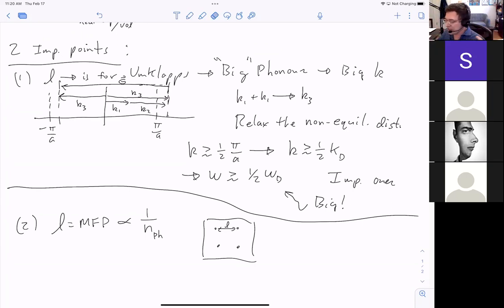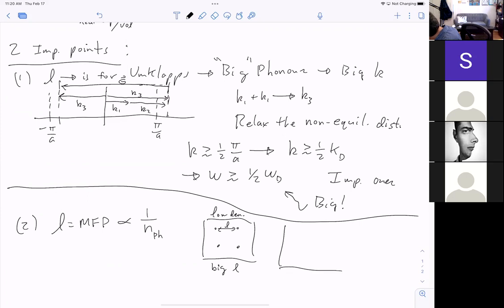So it's intuitive, I think, that if the phonons are further apart, then the distance they can travel before hitting each other is bigger. So the mean free path is bigger. So I would say low density of phonons, then I have a big mean free path.